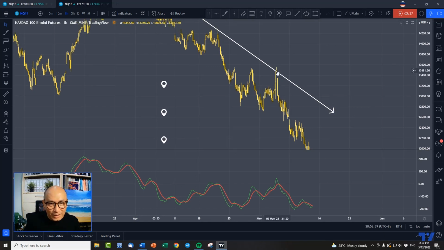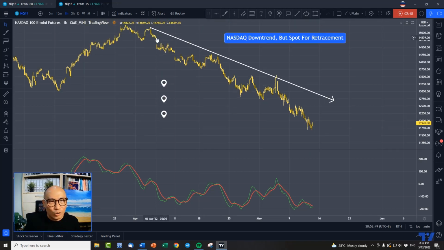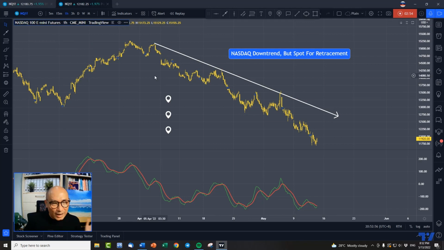It kind of broke that, and it formed an inverted hammer, followed by a gap down. So it's very psychological, a very nervous market. When I draw this downtrend line, I kind of like that. This is a very valid downtrend line, and I would classify this as a primary downtrend line.